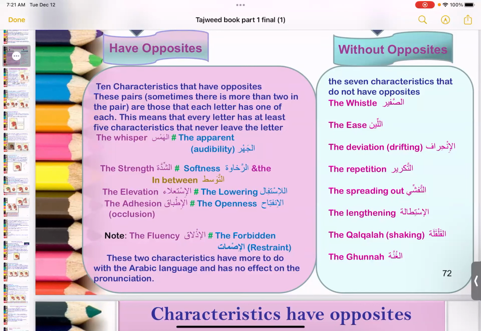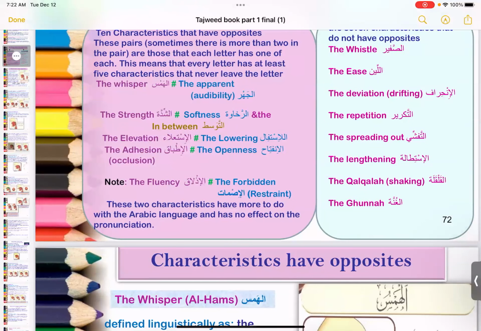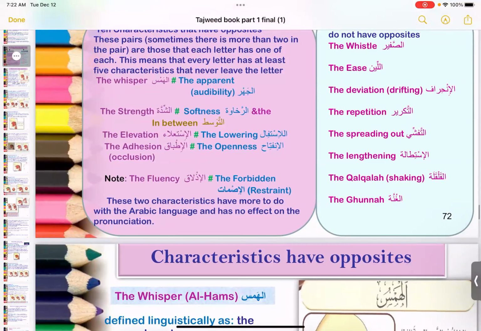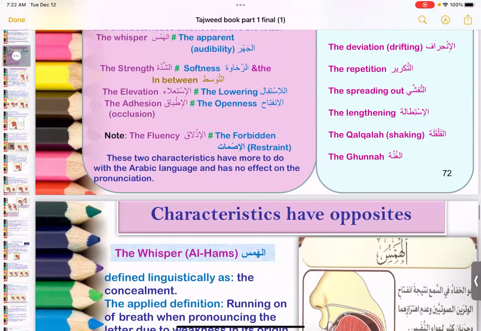So the first group: we see if the letter has air running in it along with its makhraj, and if it doesn't have air running in it, which is the opposite, we'll call it the Jahari letters.